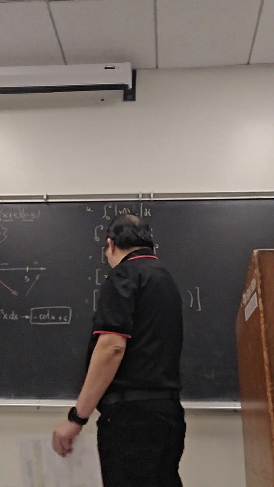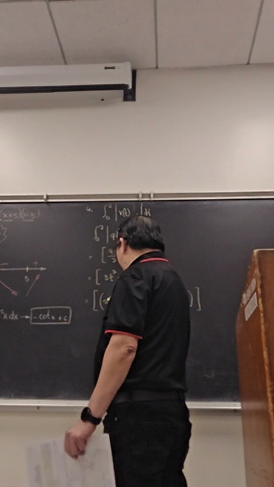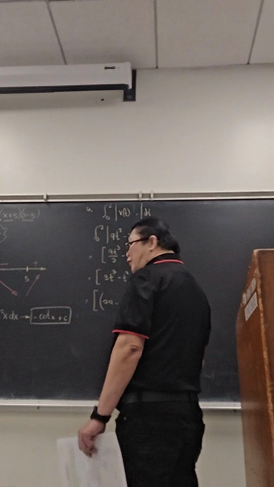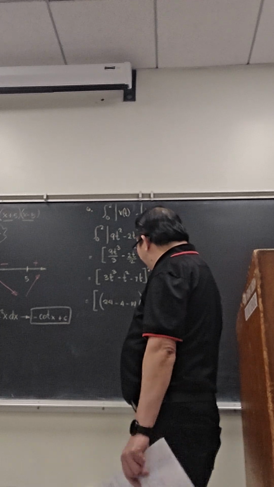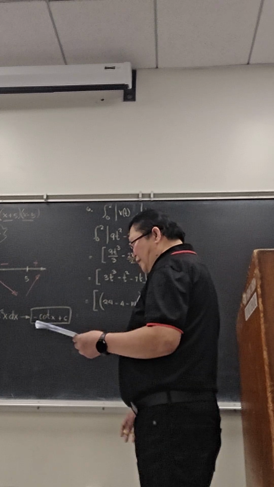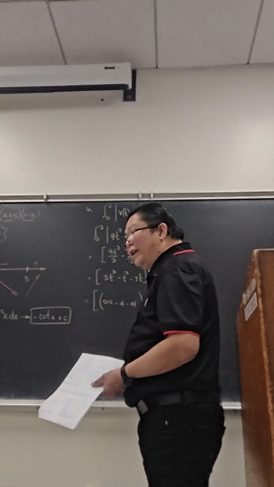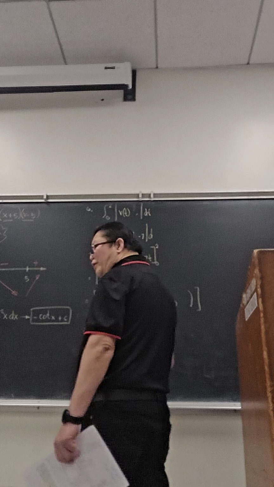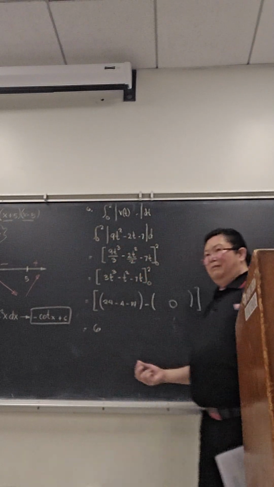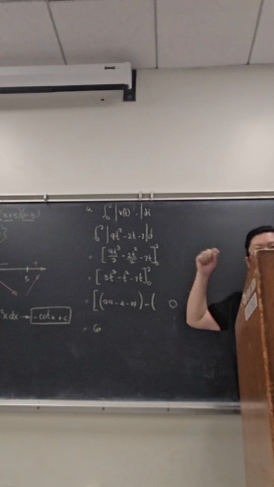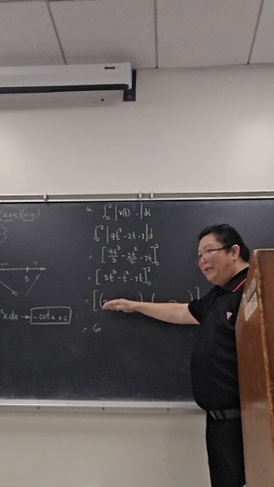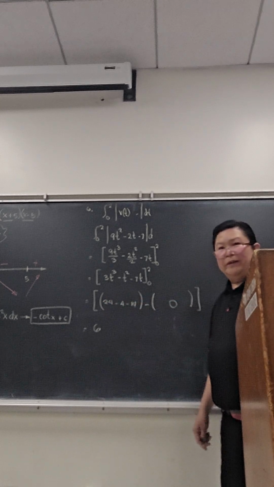So, 24, right? 24 minus 4 minus 14. So this means 24 minus 18, right? Okay. So what is 24 minus 18? You do mental math sometimes. You don't have to do very sophisticated steps, okay? Do mental math. Apply mental math.